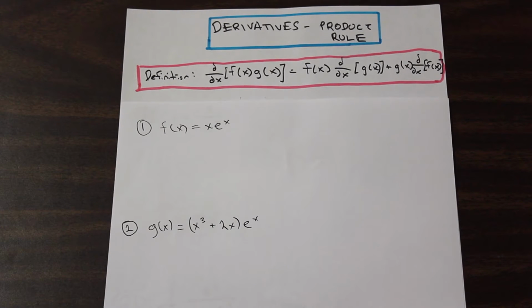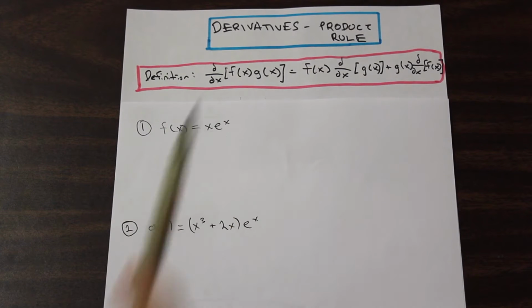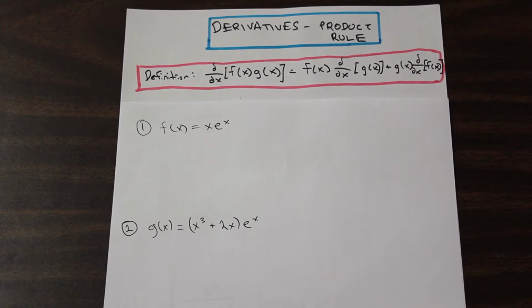So question 1, we have f of x equals x times e to the x, okay? What you're going to look for right off the bat when looking for which rule to apply is if you have two functions that are multiplied by each other. So you have two terms, or it could be three terms, and each term has an x or a variable in it.